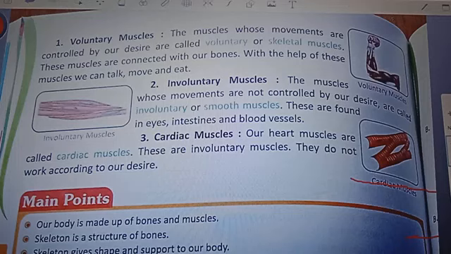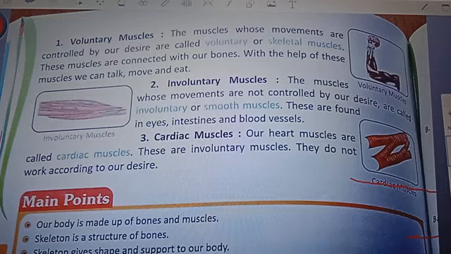If we want to move the muscles in our hands, they will move. Without our wish, our hands do not move. So such muscles are known as voluntary muscles or skeletal muscles.